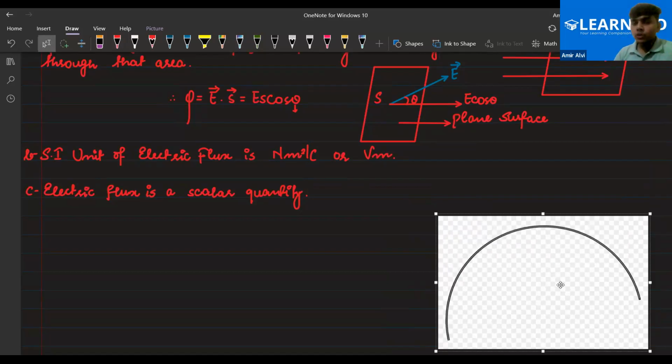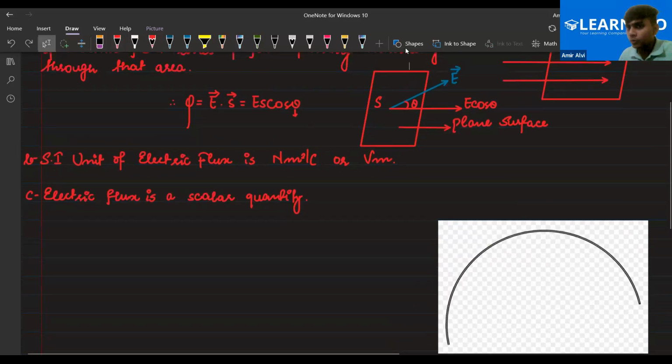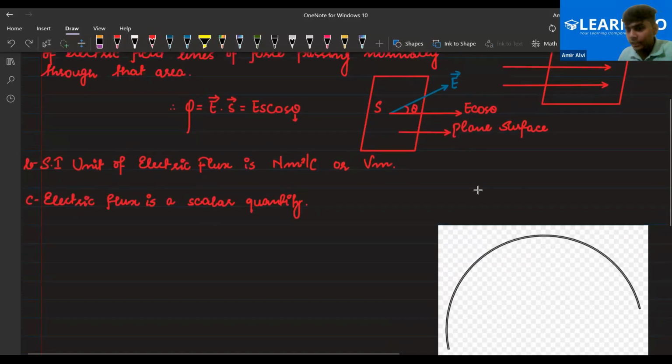If the curved surface is there, the area vector will always be perpendicular to the surface, as I have told you. Like this. Because whenever we draw a line on the circle surface, on the semicircle surface, it will always be perpendicular. Yes or no?